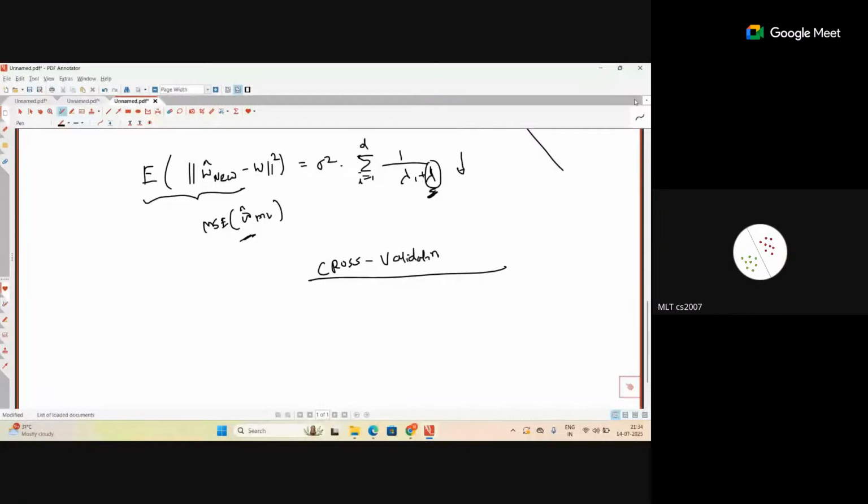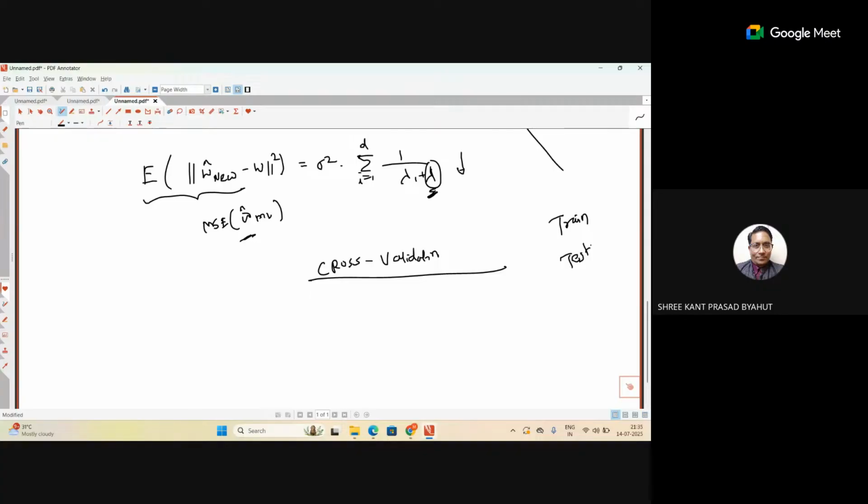That model you generally find out from what? There are two types of data we generally encounter: training data and test data. Generally it is train data and test data, right?